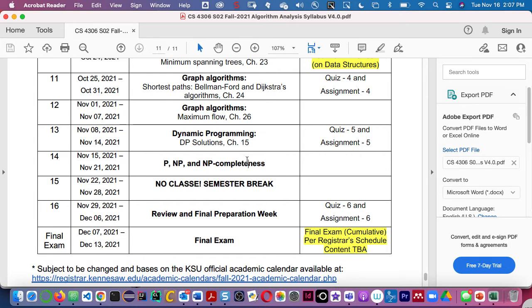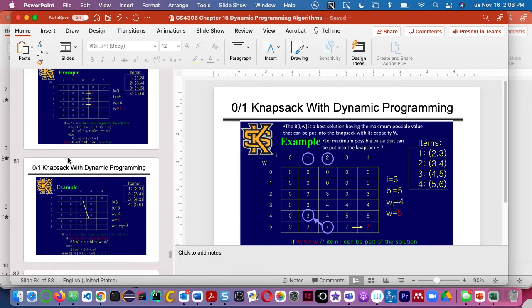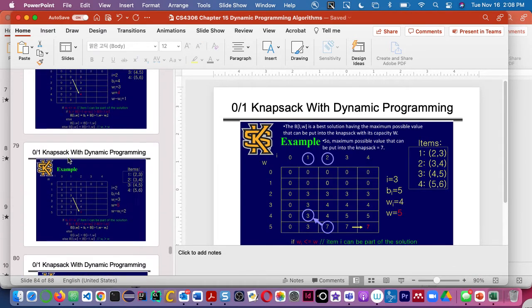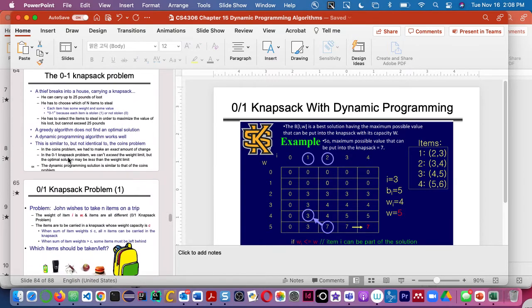Okay, and actually I'm a little bit behind, so dynamic programming I will continue today. As we see, dynamic programming is a programming concept that checks all possible solutions and picks the best solution.